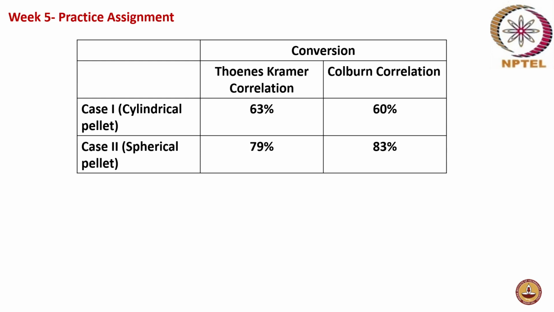But one more observation we could see: even though the superficial velocity has increased by 10 times compared to the cylindrical pellet case which was solved in the class, we could find that the conversion has decreased significantly. Where initially there was a 100% conversion, now the conversion has drastically reduced. For the cylindrical pellet it is 63%, and in case of a spherical pellet it is approximately 80% conversion.